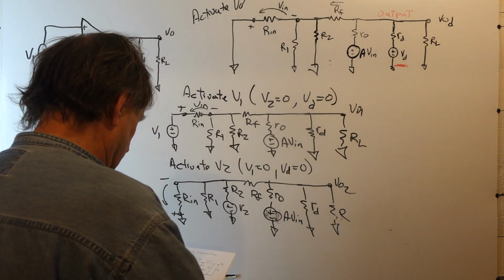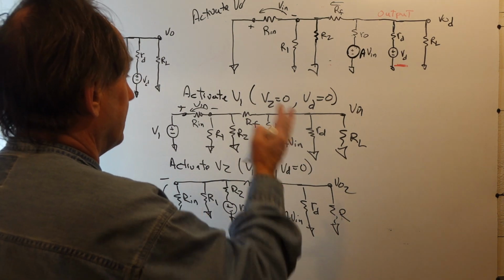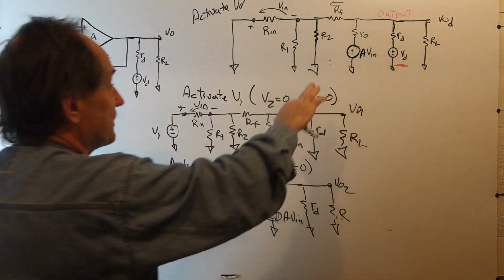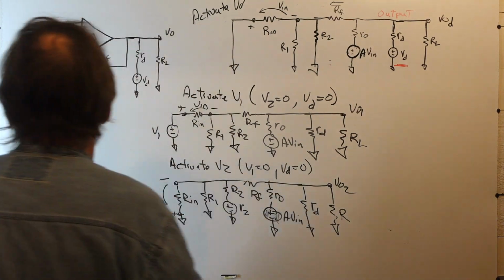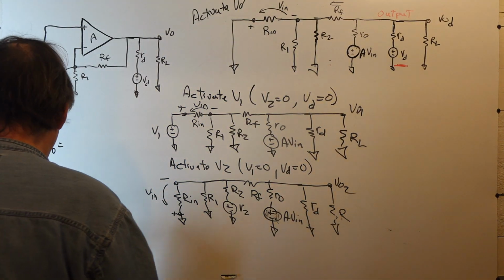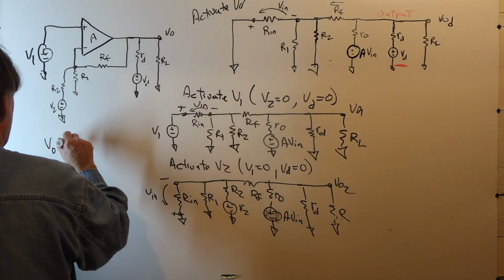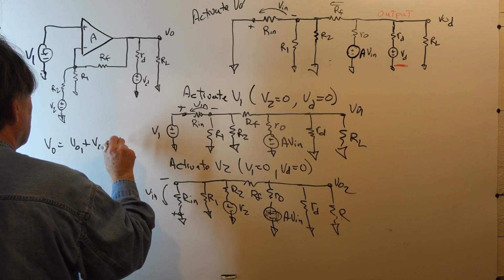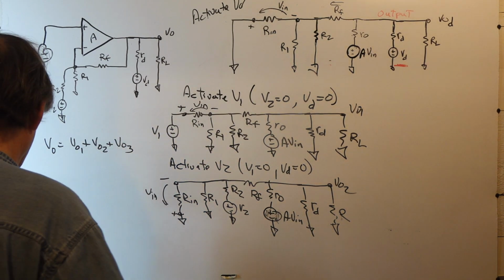So let's look. What we're going to end up with here, once I get each of these contributions, is that my output voltage is going to have this form. We're going to have V out 1 plus V out 2 plus V out 3.